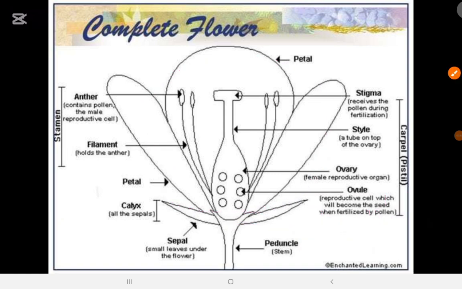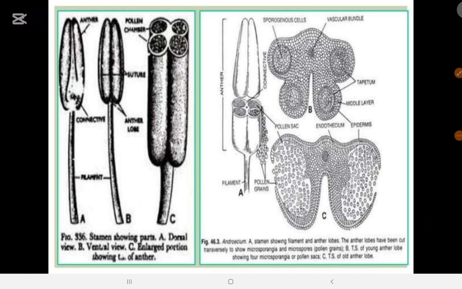This slide is showing the structure of the filament, the anther, and the pollen grains within the anther. You can see here the anther, this whole structure. Within it you see pollen grains.